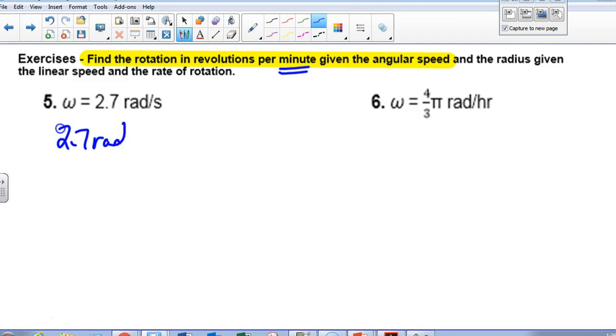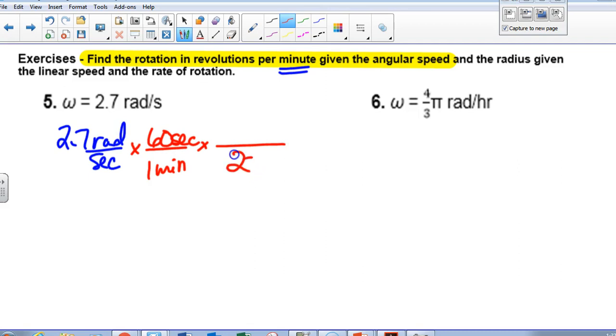2.7 radians per second. How do we change that to revolutions per minute? Somebody give me a conversion. 60 seconds is a minute. We want revolutions. 2 pi radians is a revolution. How does that go, though?